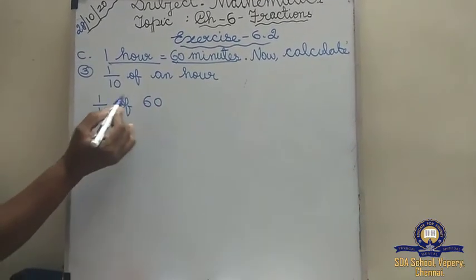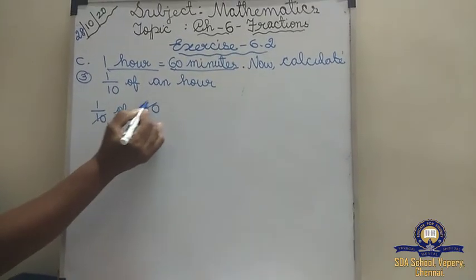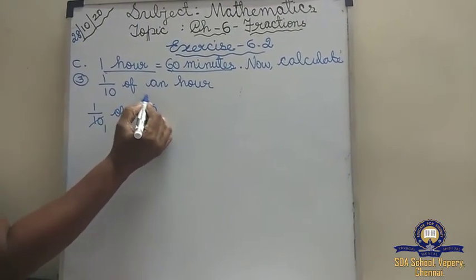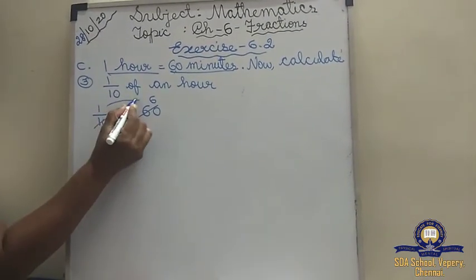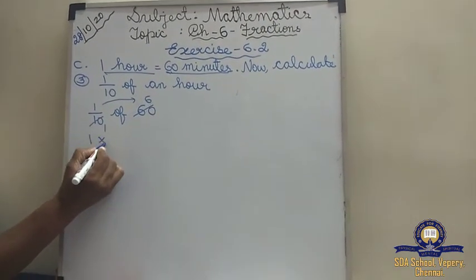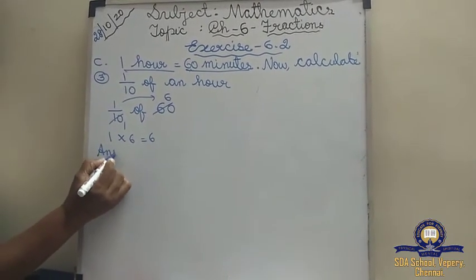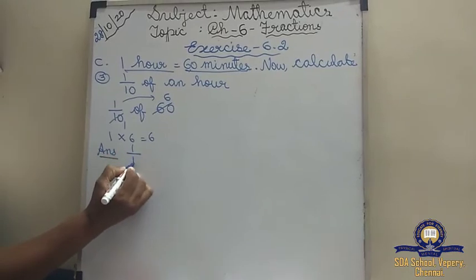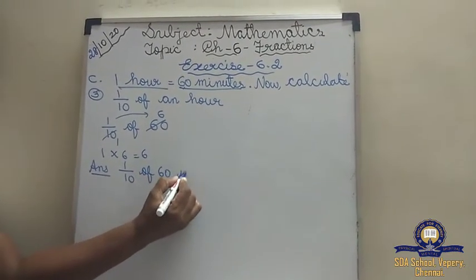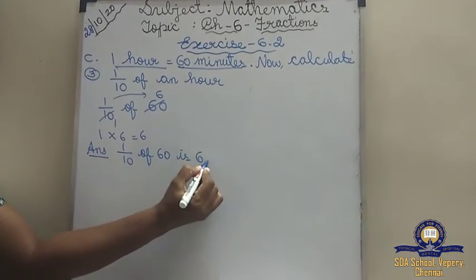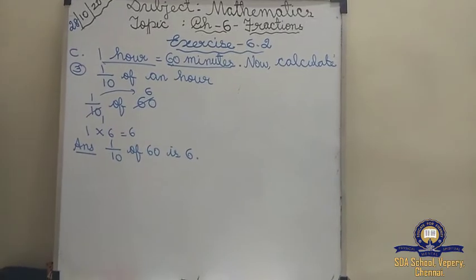So 60 goes in the 10 table. Easy, isn't it? 6 tens are 60. So you have to multiply these two. 1 6 is 6. So what's the answer? 1 by 10 of 60 is 6.